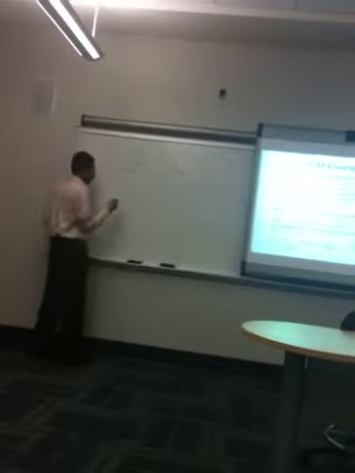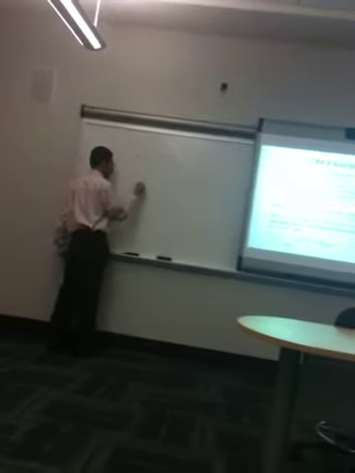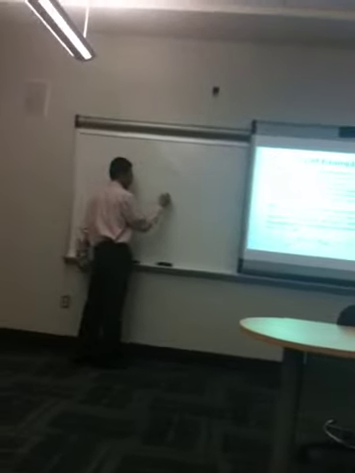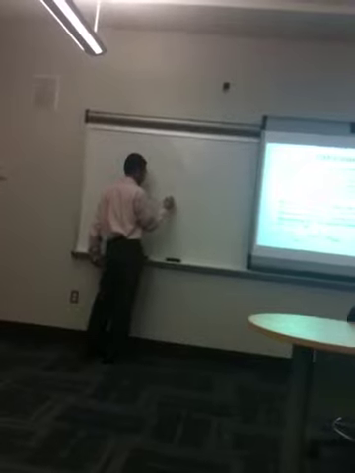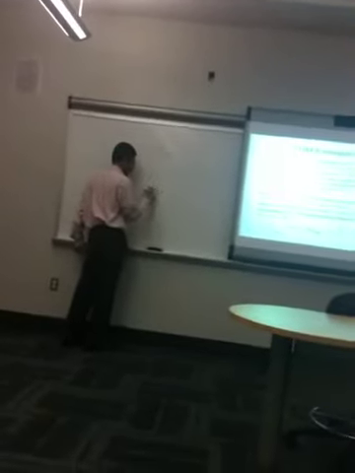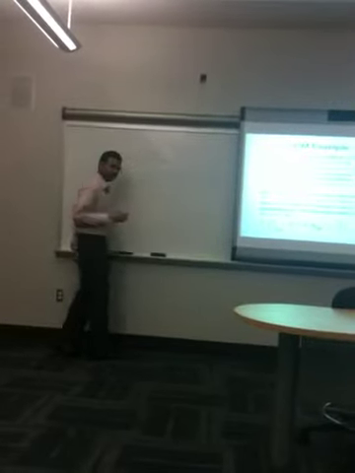So for example, if you have 1, 2, 3, 4, 5, 6, this is a 2 by 3 matrix. And then let's say you have 4, 1, and this is a 2 by 1 matrix.